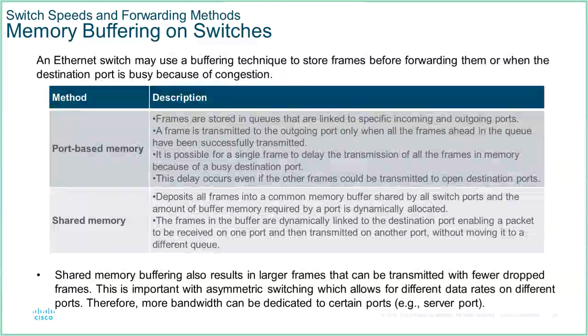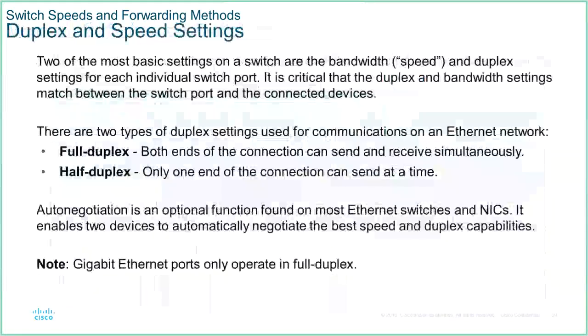Now, there is a big difference in speed when we talk about half duplex and full duplex. If you've got 100 megabits per second at half duplex, you basically can have effectively 200 megabits on full duplex, because it can send and receive at 100 megabits per second.